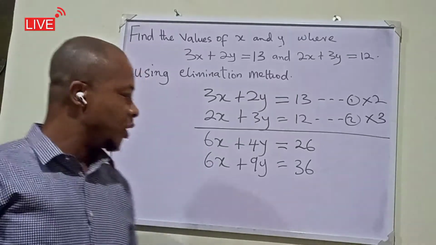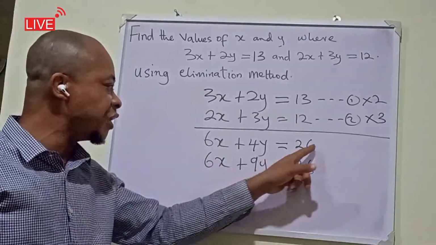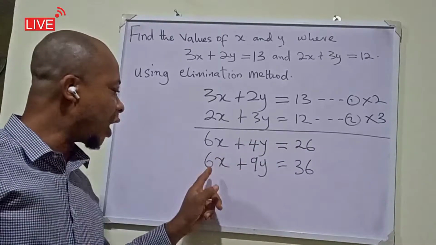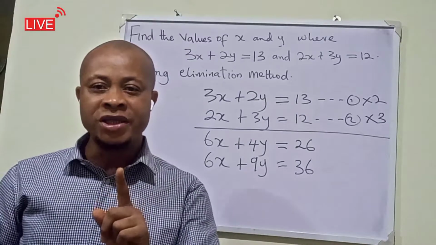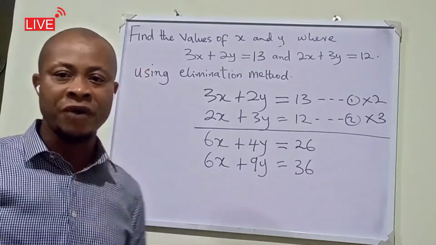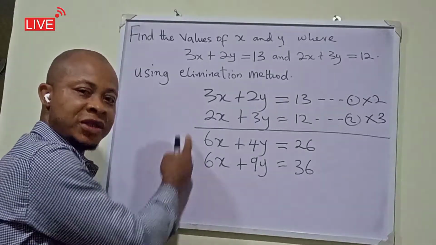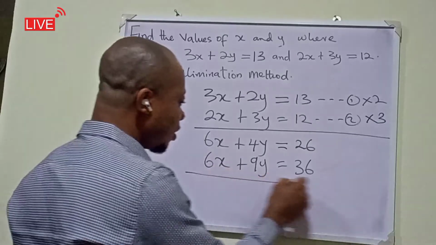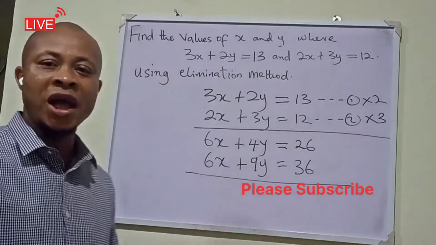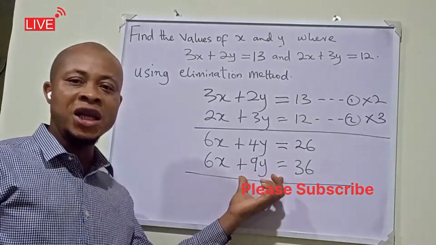You see, the coefficient of x in this equation is now equal to the coefficient of x in this equation. You have obeyed the first rule of elimination. You've been able to make sure that the coefficients are equal. Now the next rule we are going to observe is to eliminate x. And how do you eliminate x?